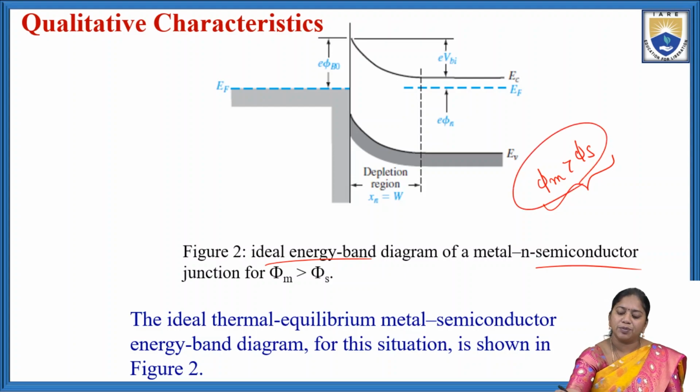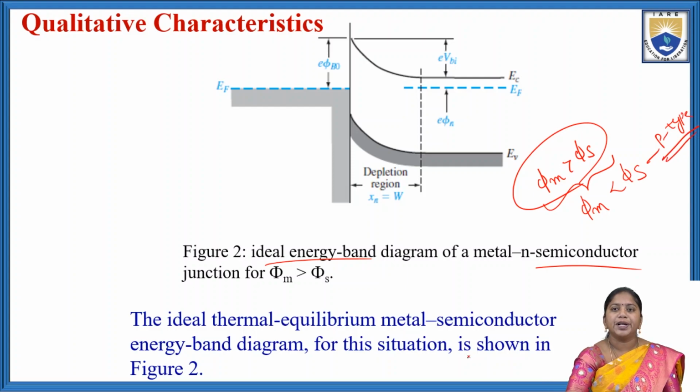Whereas for P-type semiconductors, we take phi m less than phi s. For P-type semiconductors, the rectifying contacts are made with phi m less than phi s. That means the metal work function must be less than the semiconductor work function. So we can select the metals and semiconductors based on this condition.